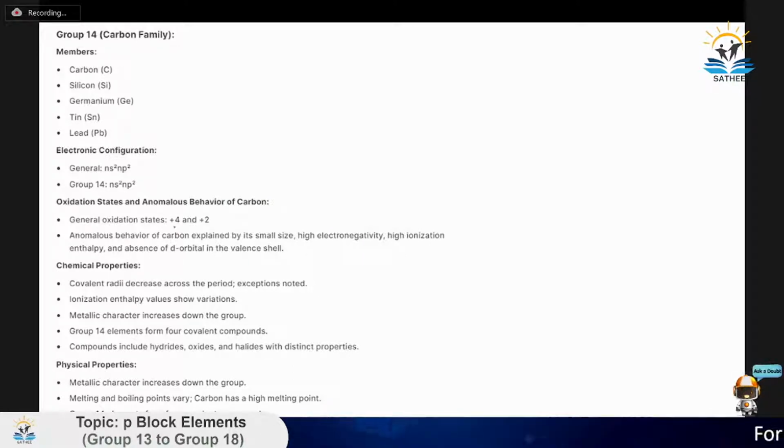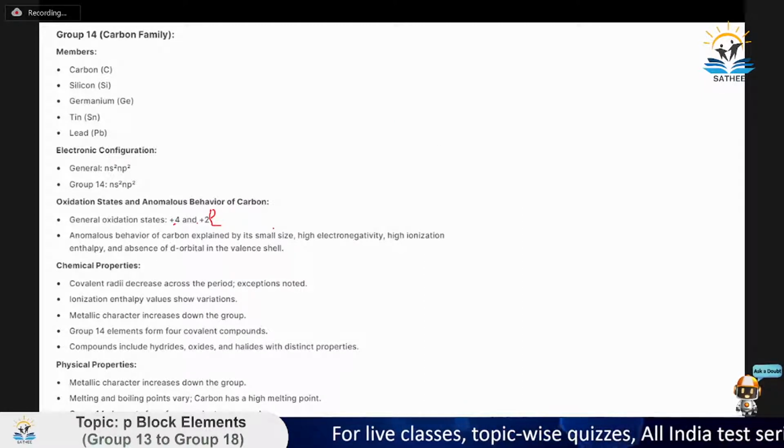The general oxidation states are +4 and +2, and +2 from +4 again comes down to the inert pair effect. And as we saw in boron, because of the same reasons, even carbon has an anomalous behavior compared to its other companions in this group.